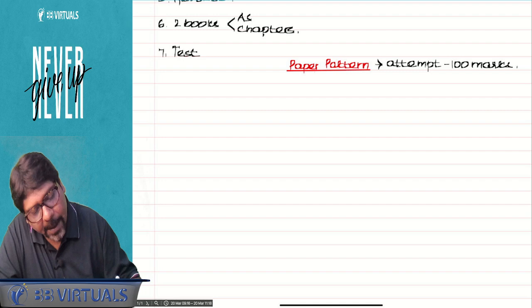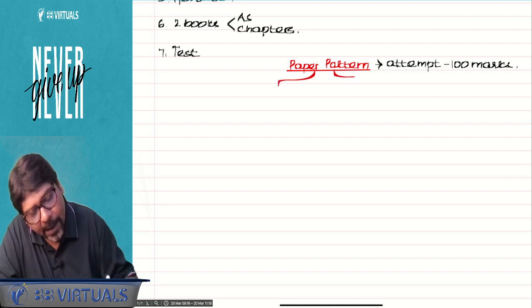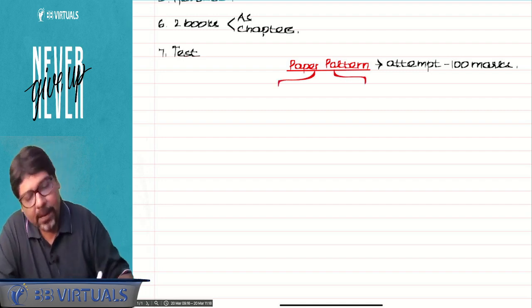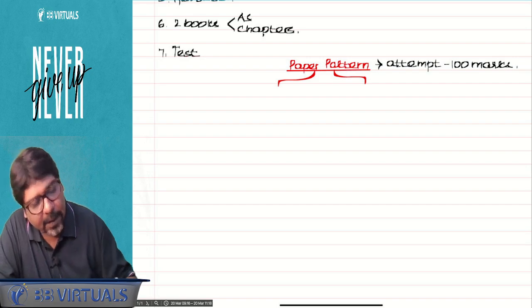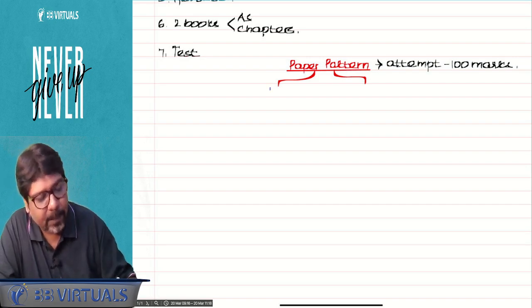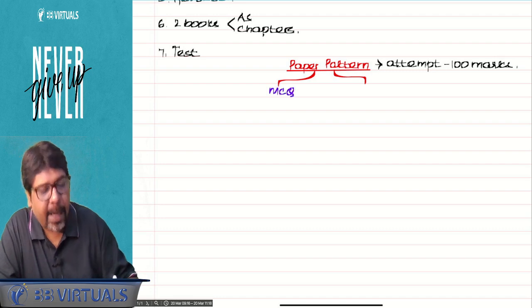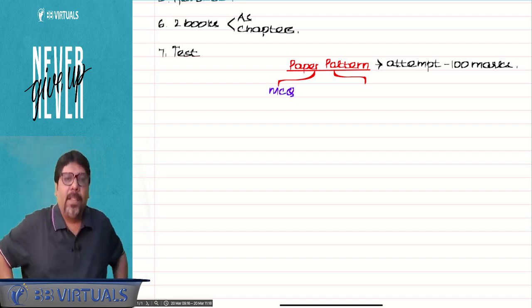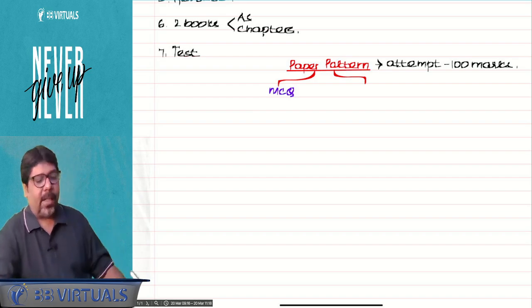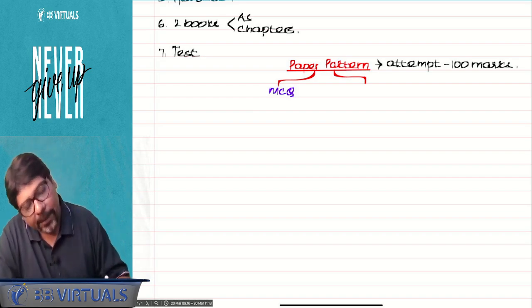In this paper pattern, we have divided into two parts. First is MCQ, and second is subjective.